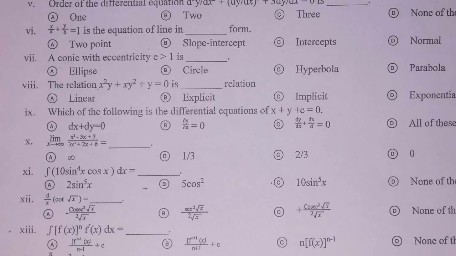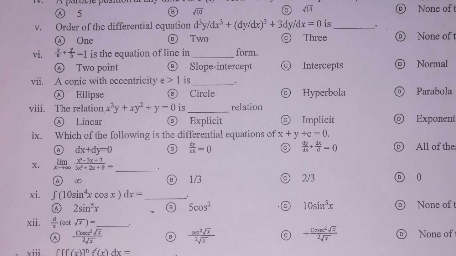Which of the following is the differential equation of x plus y plus c is equal to 0? The first option is the correct one because dx plus dy is equal to 0.